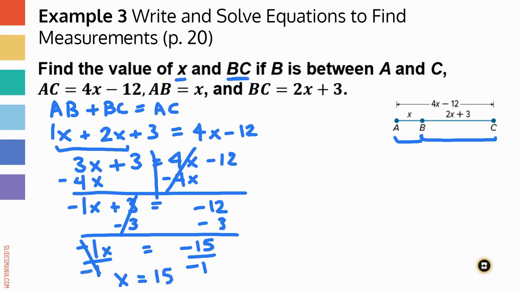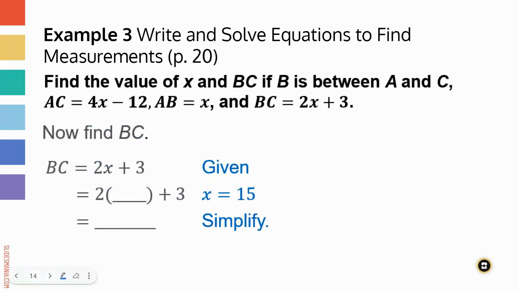Okay, so that's our first step. We got x equals 15. So that's the first thing they wanted us to find. The second thing we need to find is BC. Okay, so in order to find BC, I'm going to take the measure of BC that they give us. So they say BC is equal to 2x plus 3. So I'm going to start off with 2x plus 3. And then I'm going to substitute the value we just found for x.